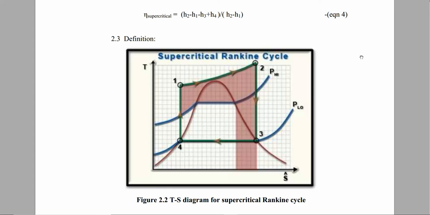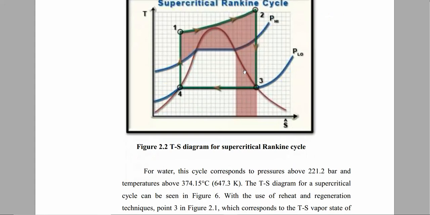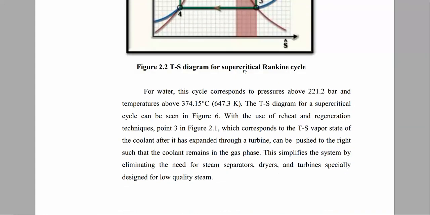In this phase, you can see the graph goes beyond the bell shaped curve, which implies the higher temperature range. For water, this cycle corresponds to pressures above 221.2 bar and temperatures above 374.15 degrees Celsius.